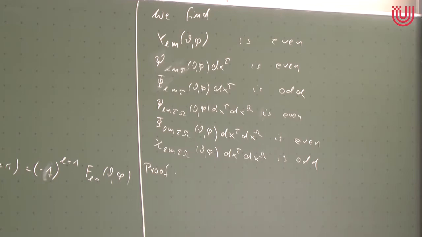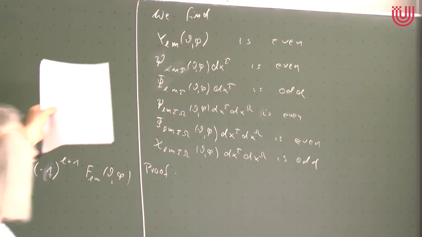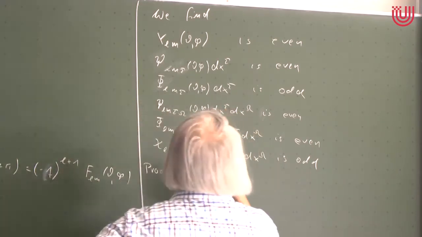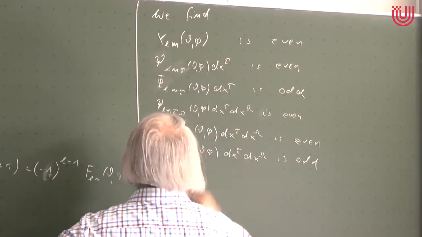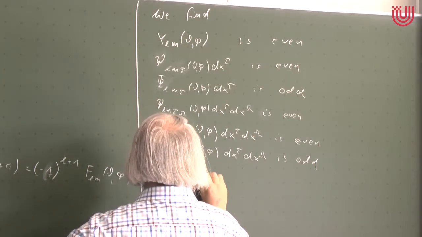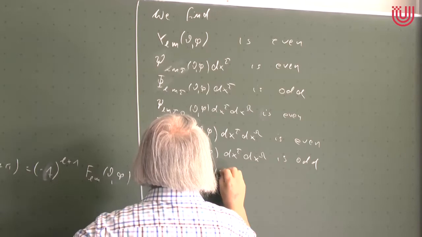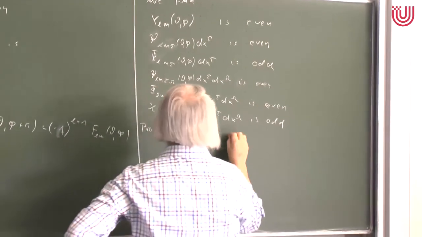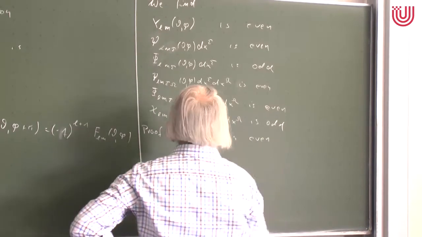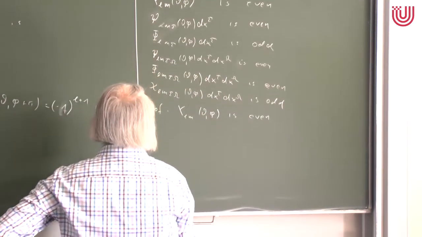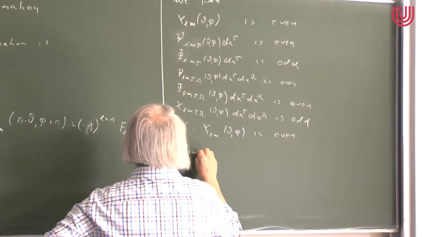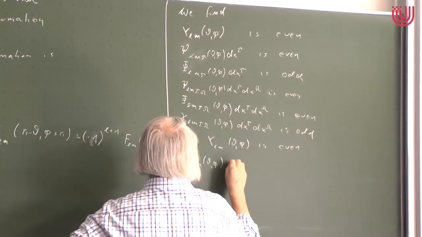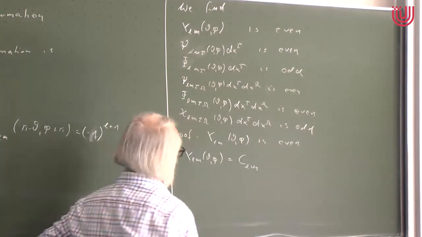But what I want to prove is just the first thing, for the Y_LM themselves, that they are even, so that you see how the procedure is done. Y_LM(theta, phi) is even. That's what I want to prove. So what are the Y's? Remember? There are some normalization factors, which are, of course, completely irrelevant.